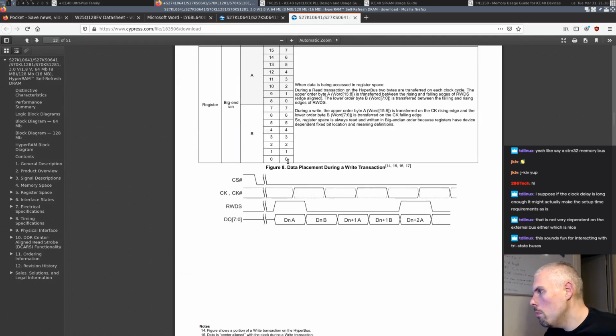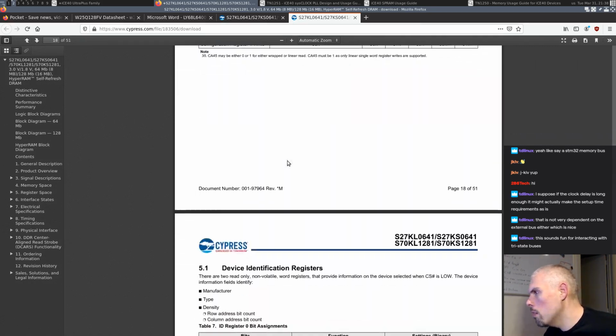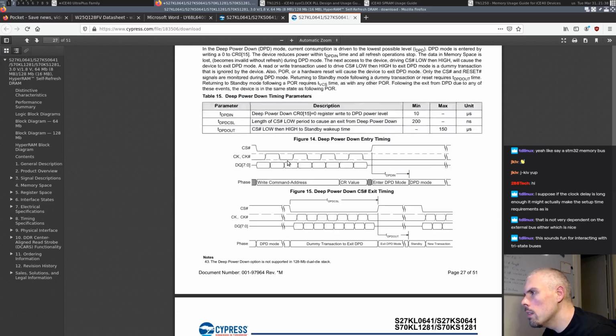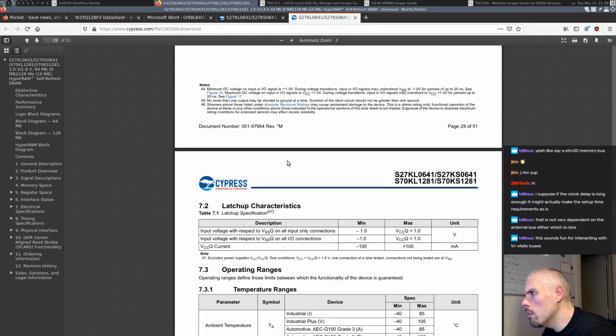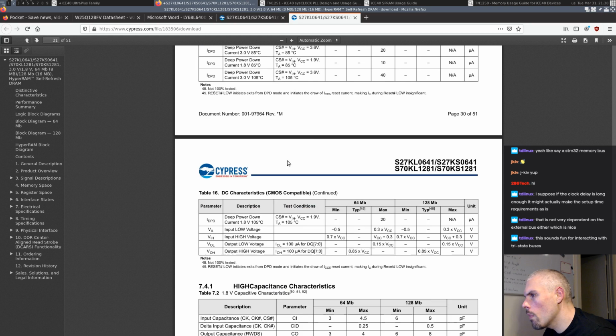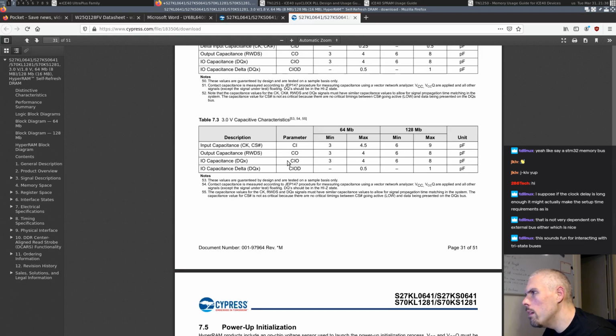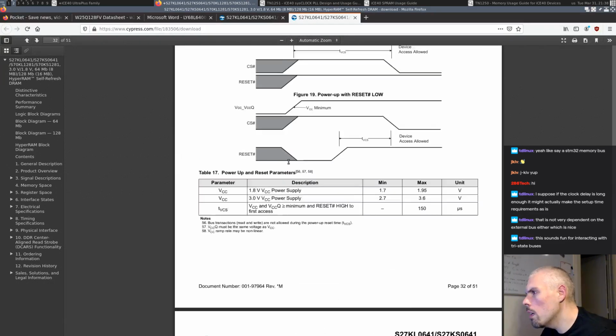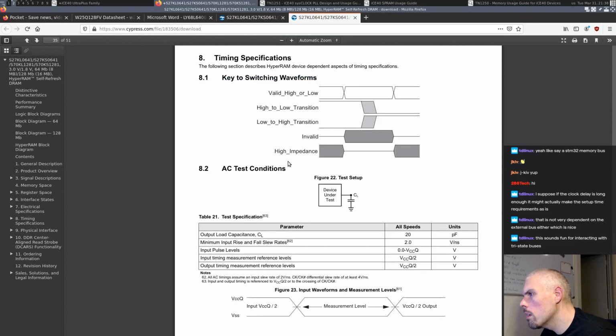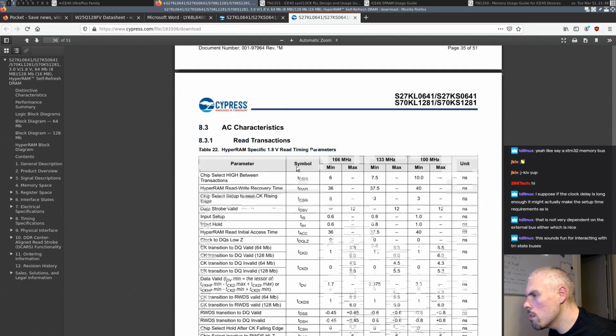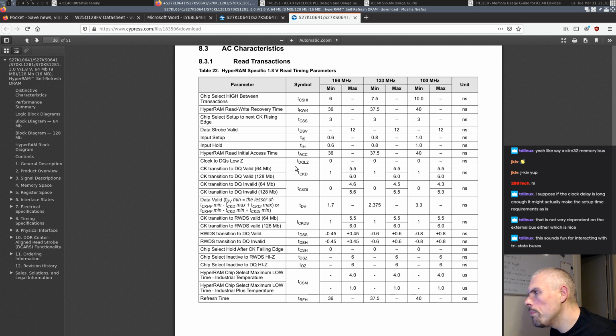And the other problem is if we scroll down to the timing, that's the IO. Where are the AC test conditions? Okay, yeah, that's sort of it.